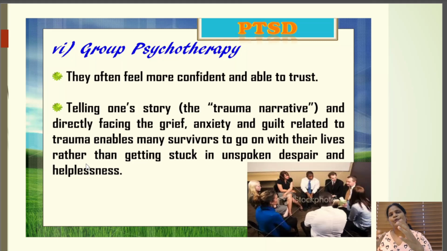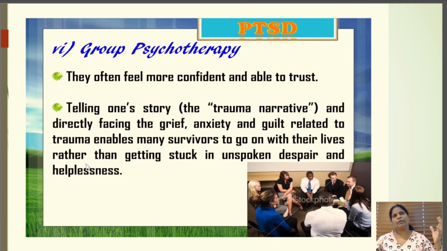Next, coming to group therapy. Here, people feel more confident and they will be able to trust others. Why? For example, if a natural disaster has occurred, like flooding, there are several families which suffer from the same event.